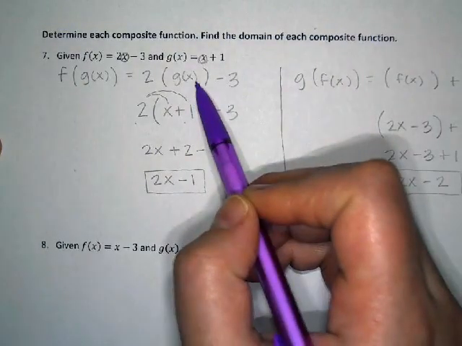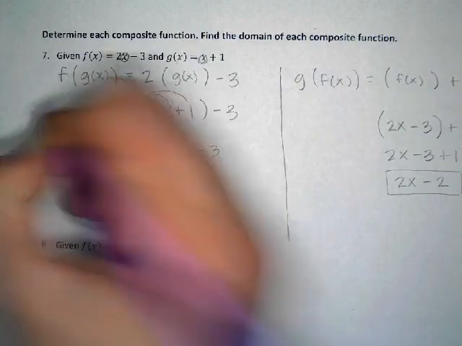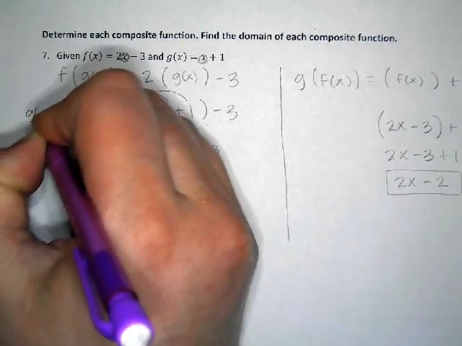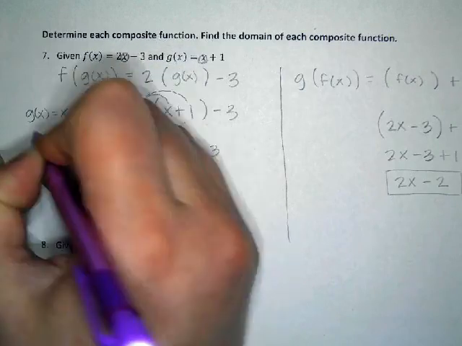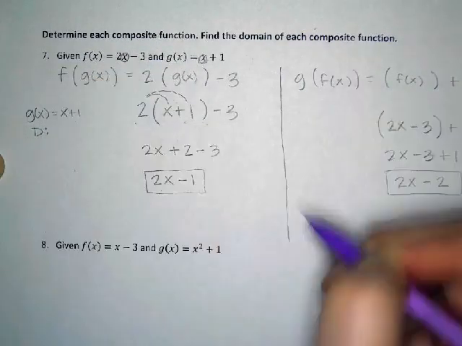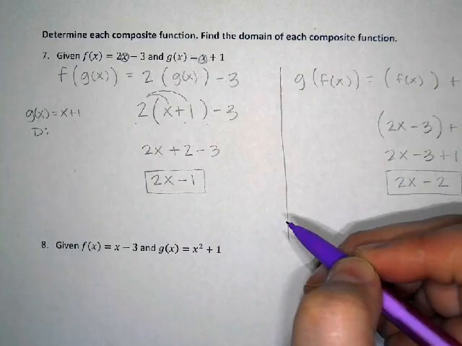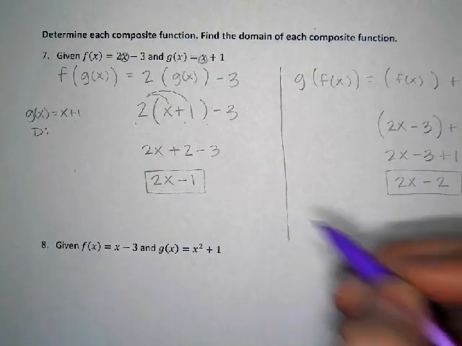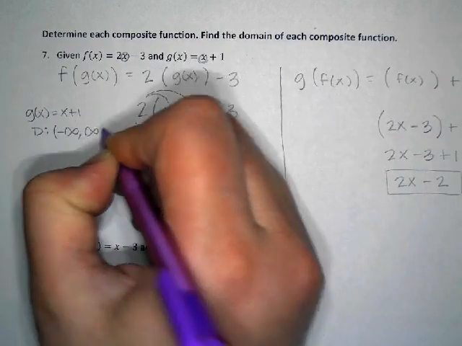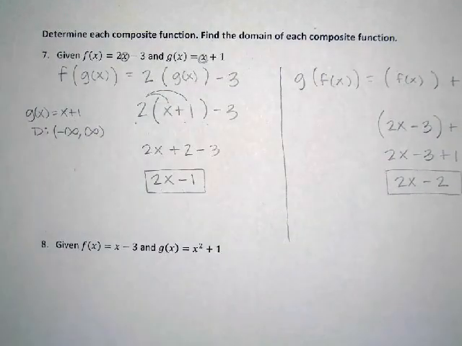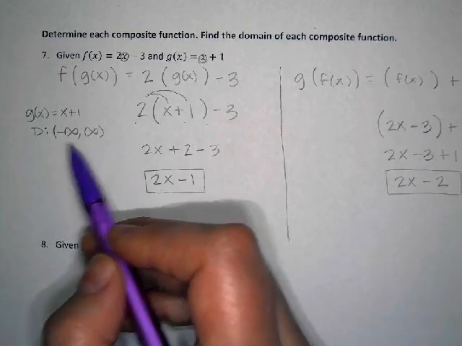g of x was the linear function x plus 1. What is the domain of a straight line? Negative infinity to infinity. Straight lines go left forever, they go right forever. Straight lines do not have any limitations. So the function that we plugged in had no limitations. So that's kind of what we're expecting as we start off the problem.